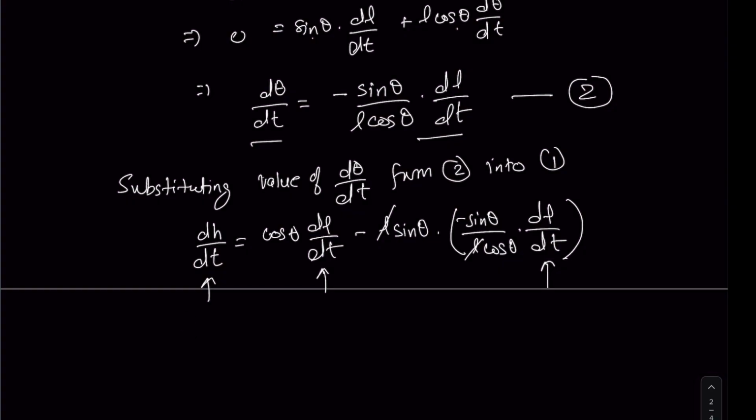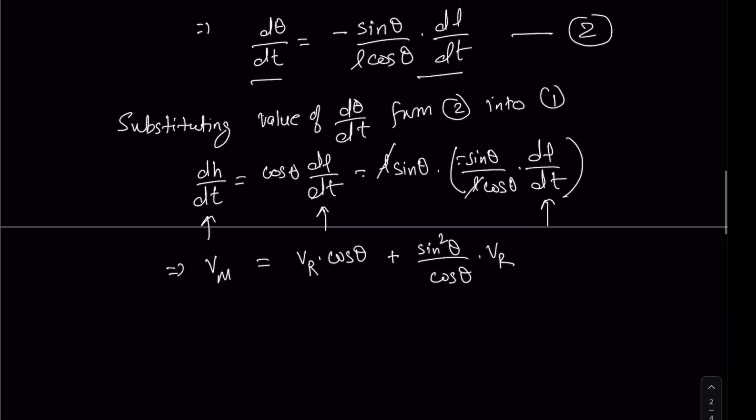So this implies that dh over dt, which is Vm from the diagram, is VR cos theta plus, because minus and minus multiplied become plus, sin square theta over cos theta VR.